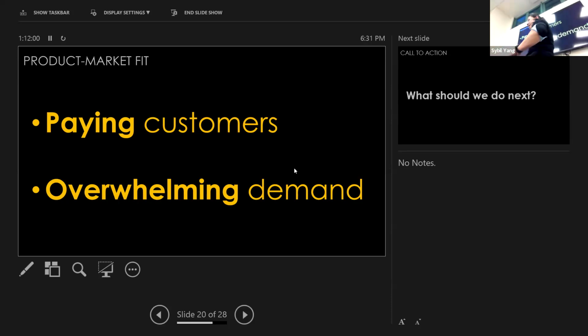But if the next phase is you have to roll out a huge initiative or something like that, and you really need that bump up in cash, you should be facing overwhelming demand before you go and ask for that next bump up of funding.